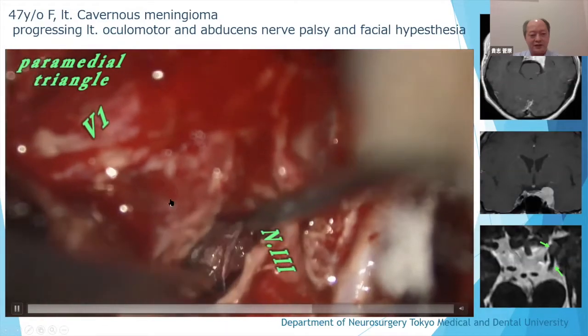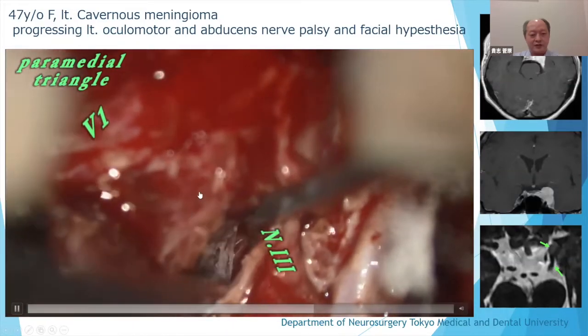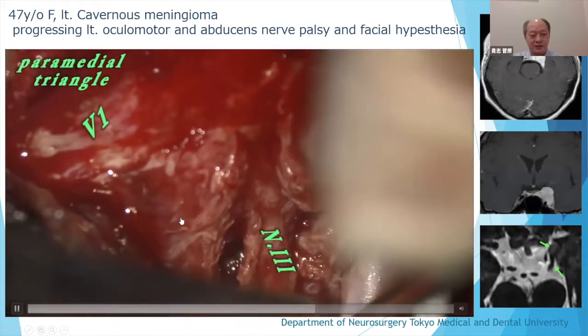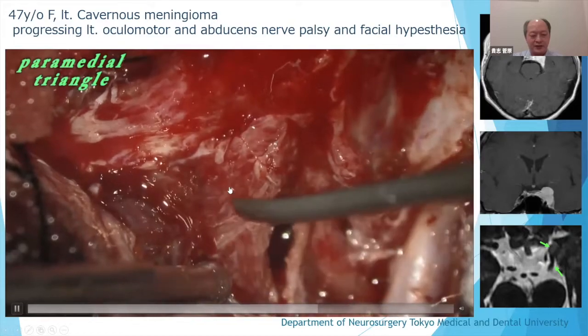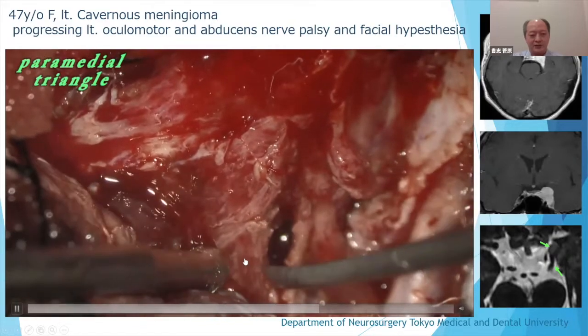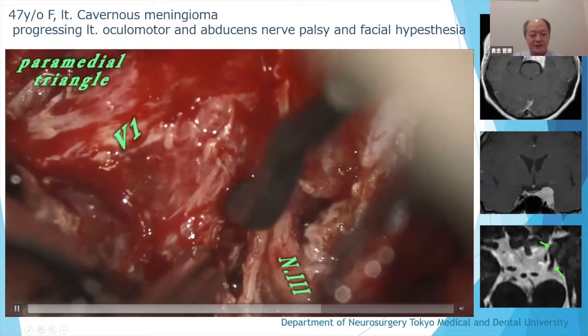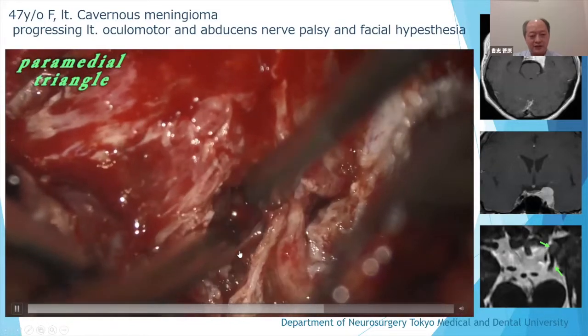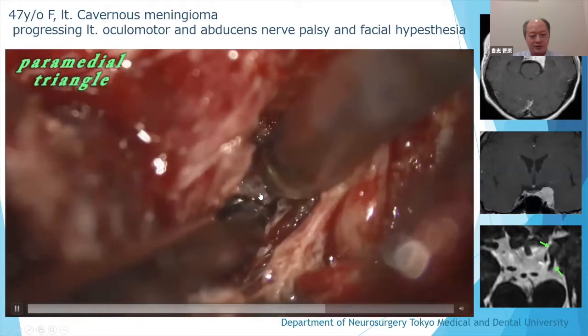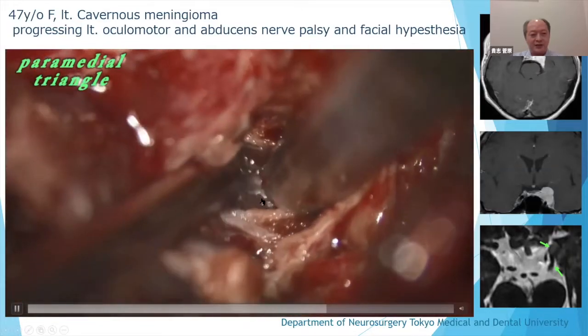This is, I think, a rare case because usually the fourth nerve is very easy to find, but in this case, the fourth nerve was covered by the tumor, and maybe running this way, and still I develop the tumor through the paramedial triangle.